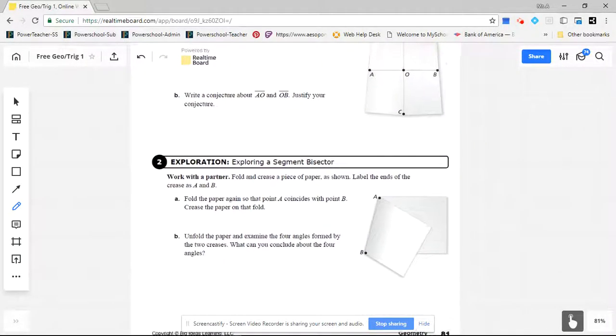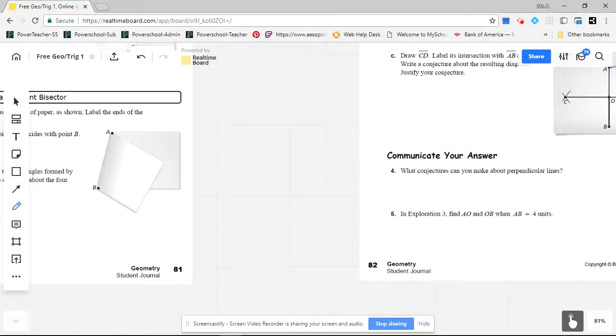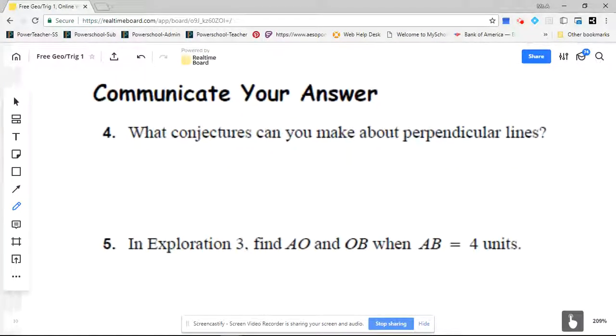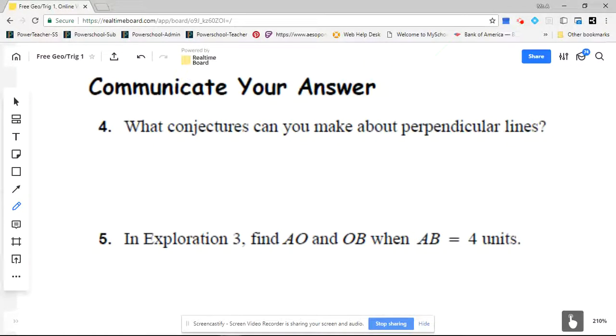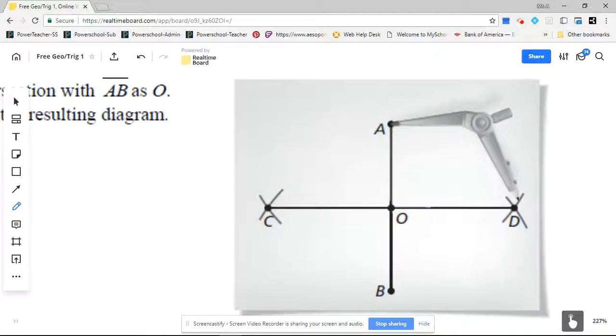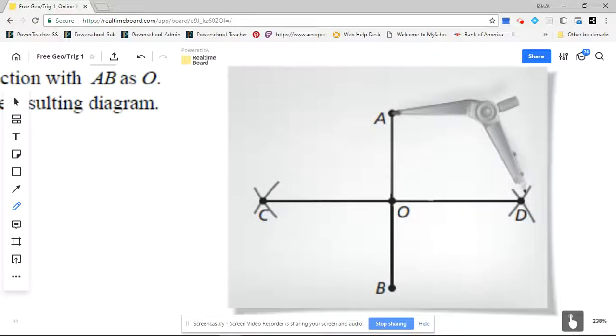So what kind of things do we know to be true about perpendicular lines for our communicate here? Well, let's look back up at this picture right here. How do I know that those lines are perpendicular?